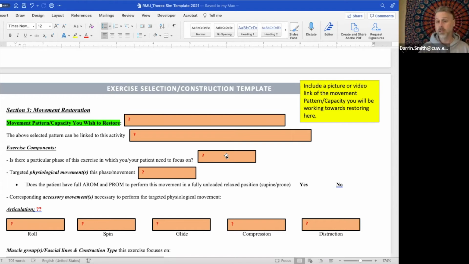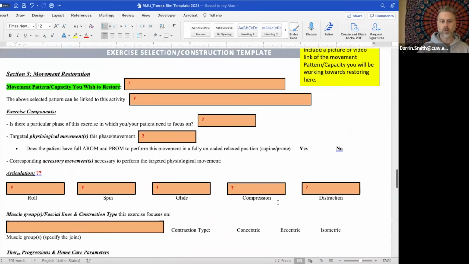It's debatable how much that is, but there is relative movement there. They do move a little bit independently from one another. So we're going to say maintaining an anterior pelvic tilt in order to remain in more of a neutral lumbar lordosis. So that's our targeted physiological movement there.